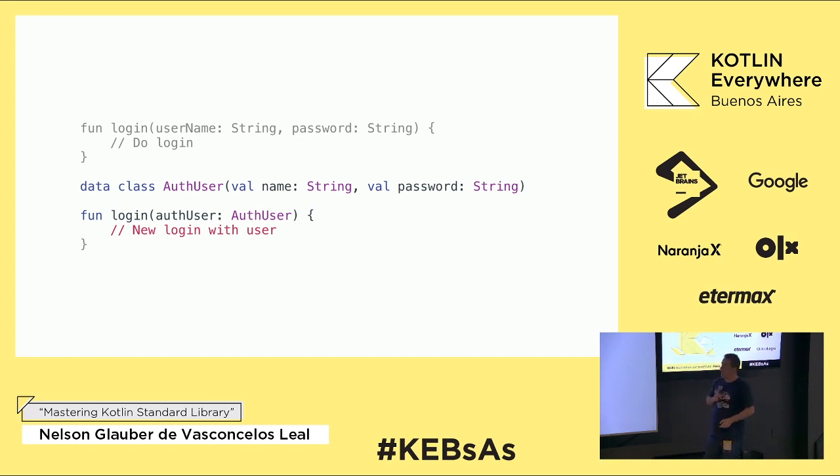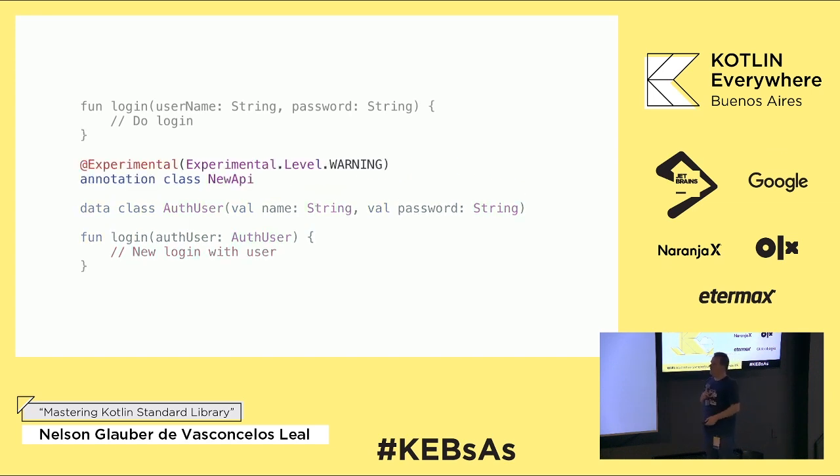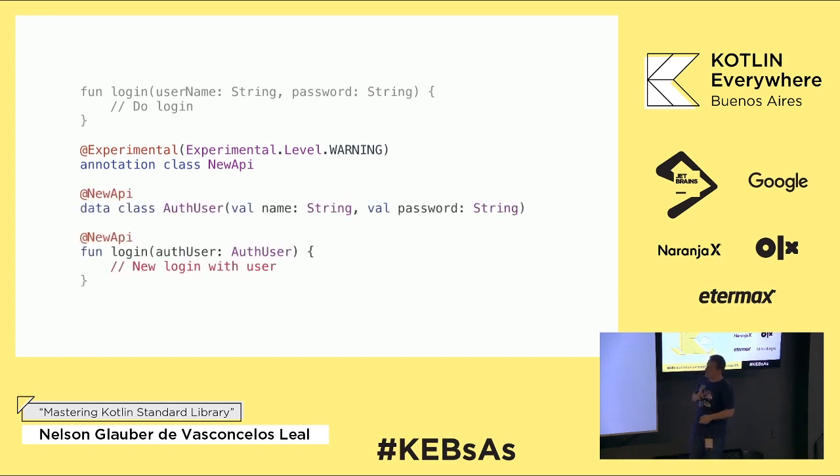A good thing to do is put this annotation here, declare this annotation as NewAPI or the name that you want, and mark this as warning or error if you prefer, and set the AuthUser and the login function as NewAPI.